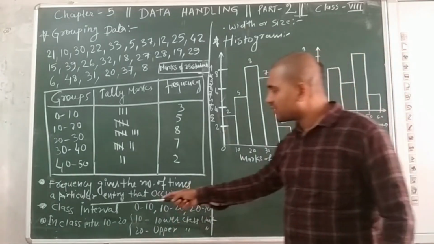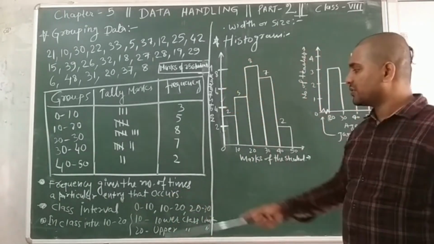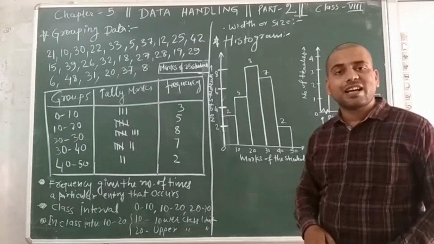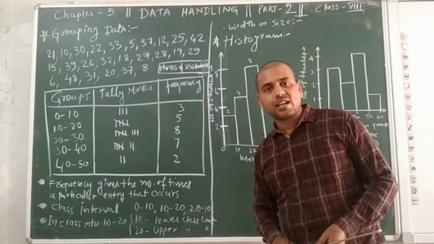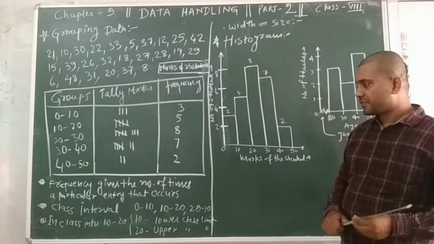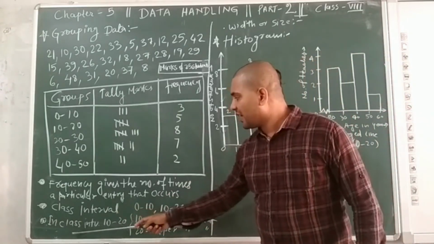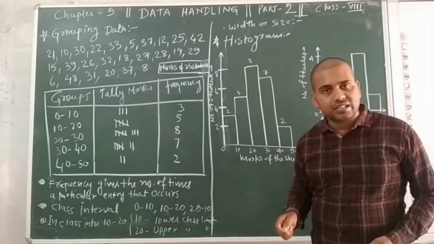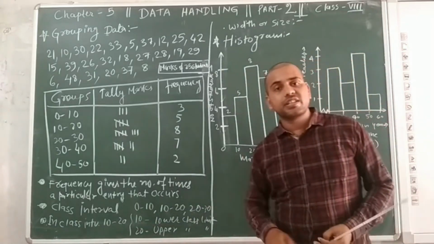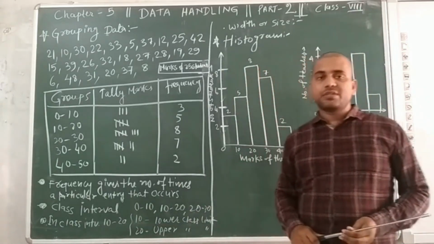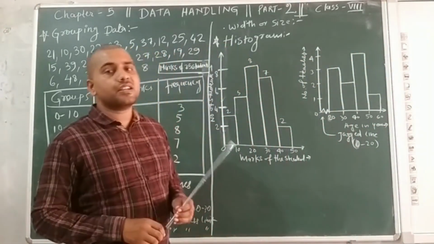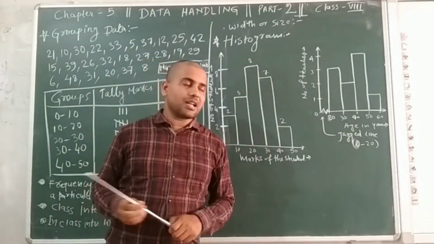Next is class interval. This is 0 to 10, 10 to 20, 20 to 30. These are class intervals. In class interval 10 to 20, 10 is the lower class limit and 20 is the upper class limit. In 30 to 40, 30 is the lower class limit and 40 is the upper class limit.